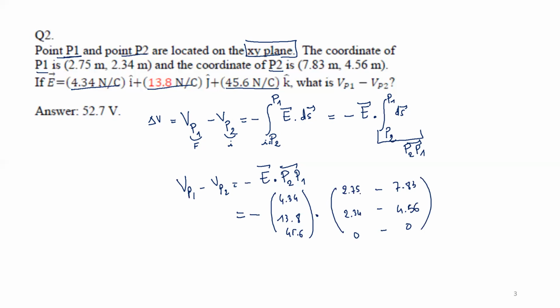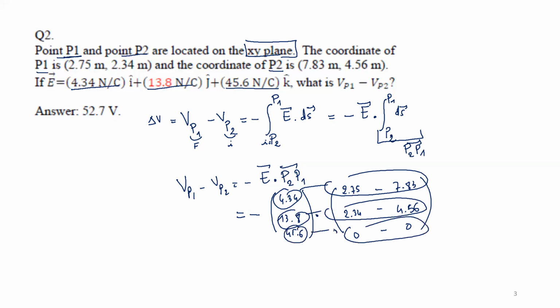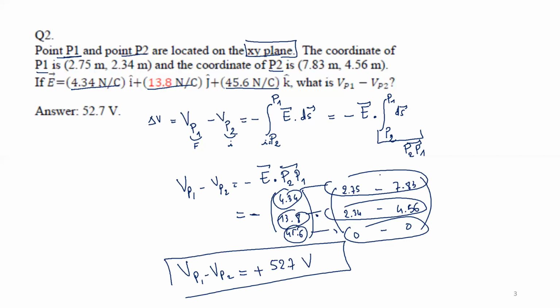And then you know how to calculate this dot product: this multiplied by this, plus this multiplied by this, plus this multiplied by this, which is 0. So at the end, you will get plus 52.7 volt. This is VP1 minus VP2. This minus here will be negative, but this will also be negative, so that minus and this minus will go away.